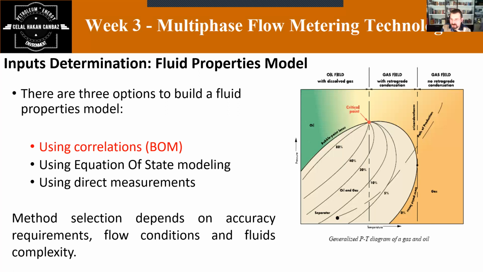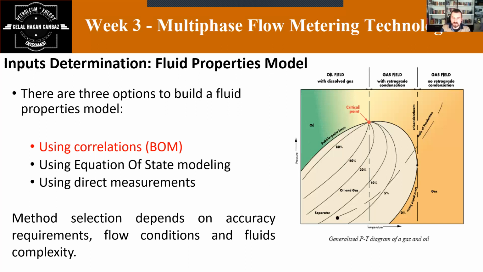These are the densities of each phase: water, oil, gas; viscosities of oil and water; formation volume factor of oil, water and gas as well; and the shrinkage factors, RST, RWST for water, and RGMP for gas. So 11 factors are calculated by using this EOS, equation of state modeling, and this is also performed by the PVT laboratories.